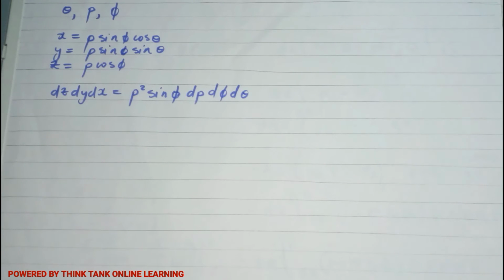So this is what you need to know in spherical coordinates. Each and every time you're given a sphere, use spherical coordinates and your work is going to be easy.